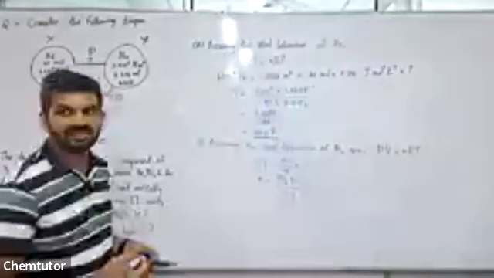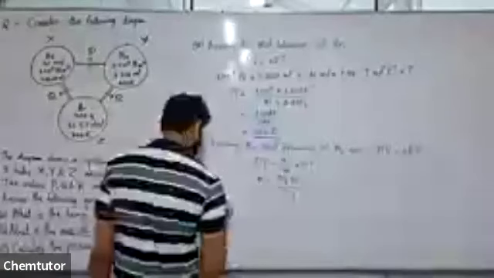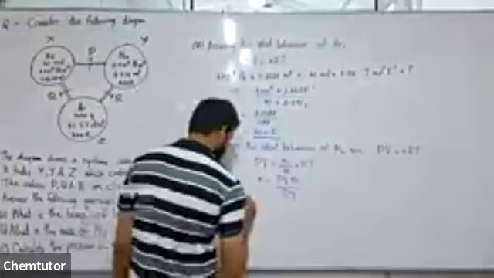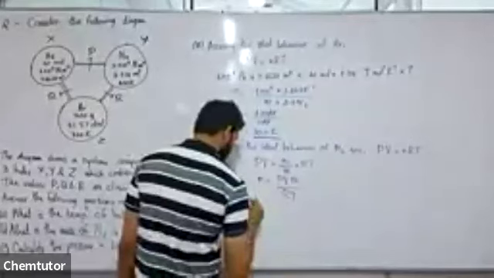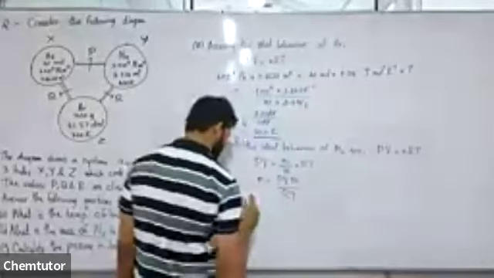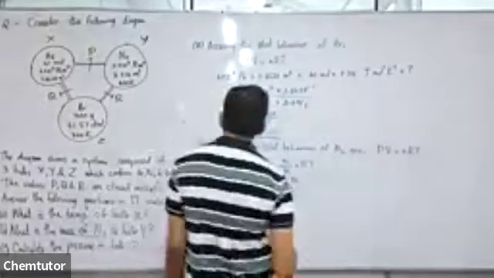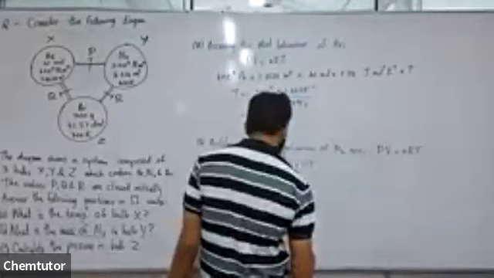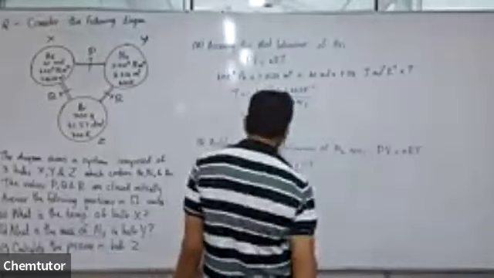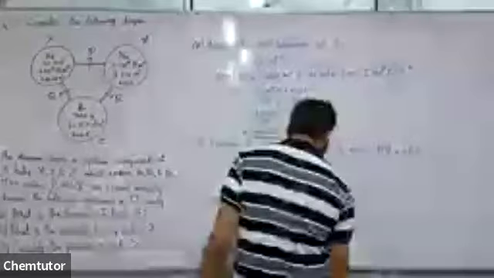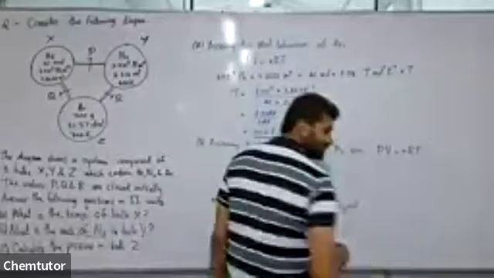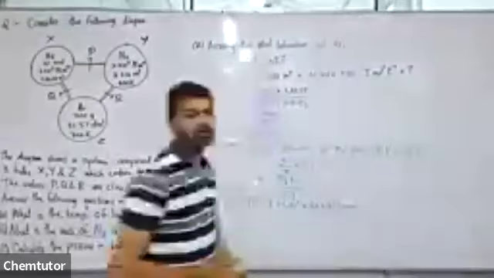Then the mass equals pressure, that is 2 into 10 to the power 4 pascals, into volume, given as 8.314 cubic meters, and the molar mass of nitrogen is 28 grams per mole. Then it has to be 28 into 10 to the power minus 3 kilograms per mole, because the SI unit of mass is kilograms.